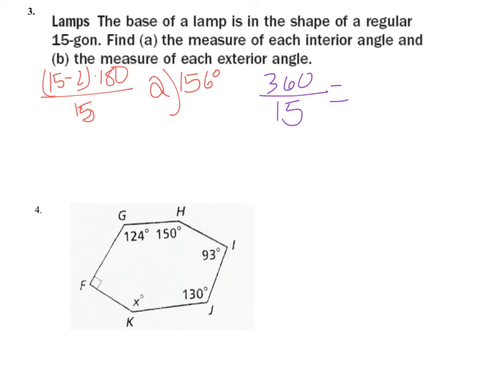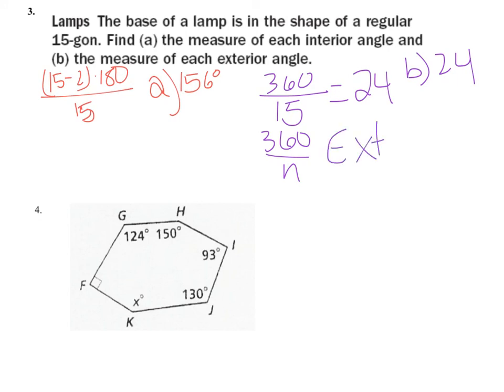That's why we can just divide by 15 like this, and so we get 24. So part B is 24 for that question. So if they ever want each exterior angle in a regular polygon, you would always just take the 360 and divide it by the number of sides.